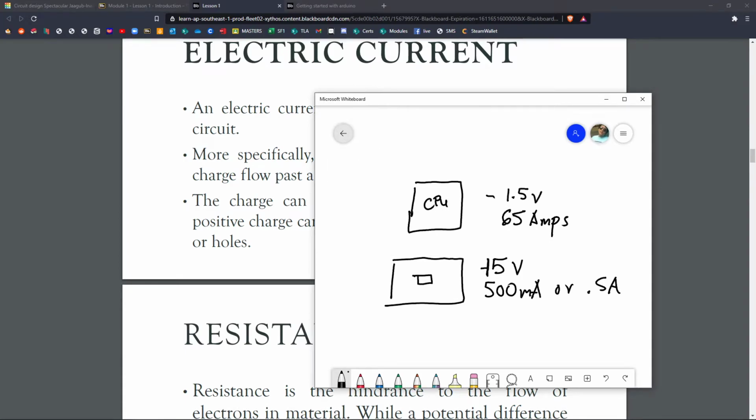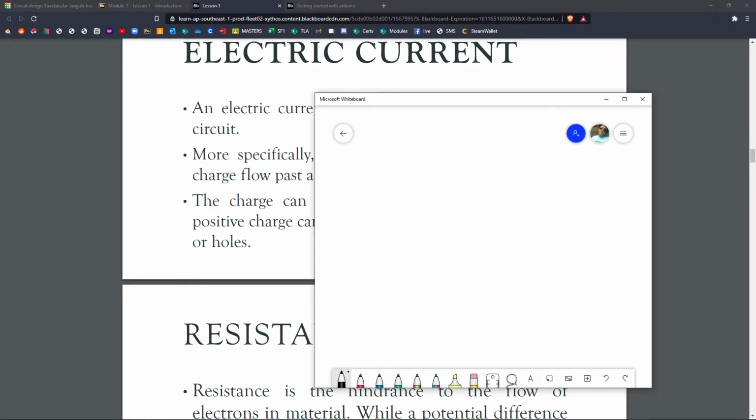Resistance. For those who were here last week, we have an analogy regarding LEDs, or light emitting diodes.